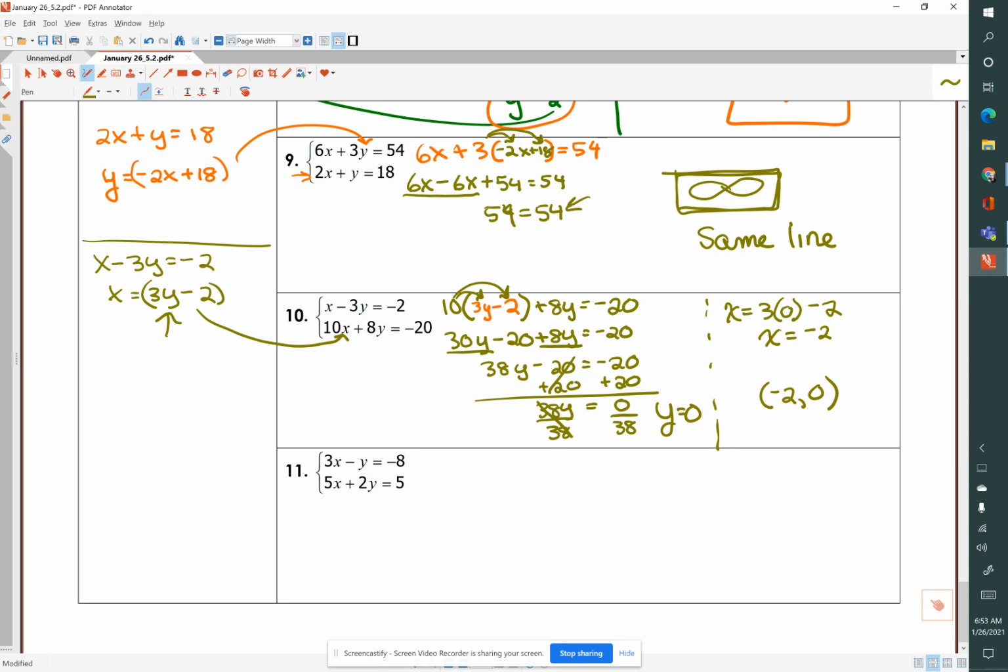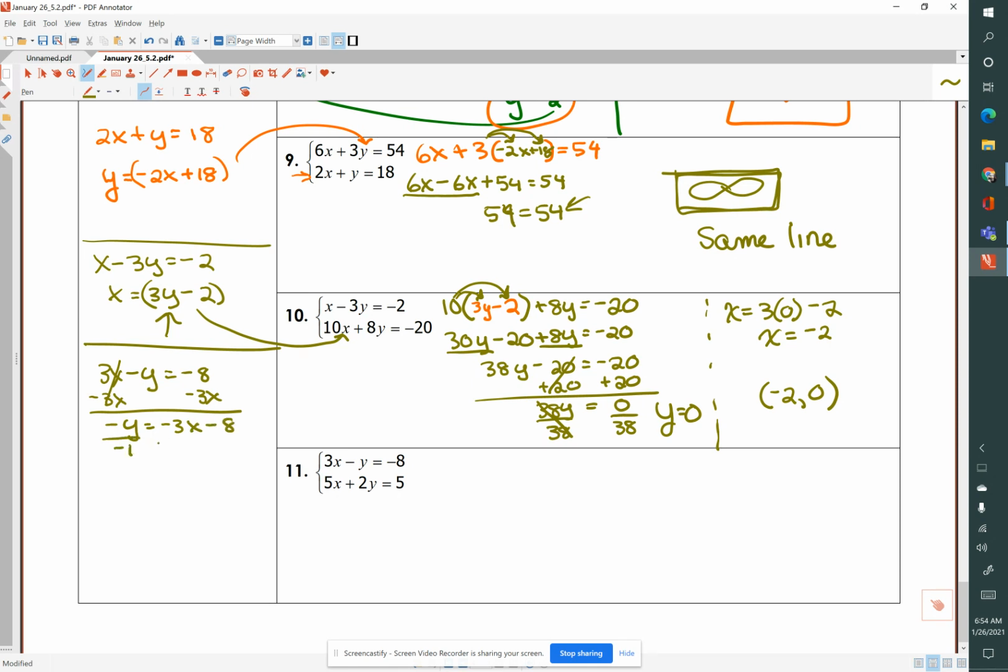Last one, number 11. I would solve this first equation for y. So if you have 3x minus y equals negative 8, I'll move 3x to the other side. Negative y equals negative 3x minus 8.